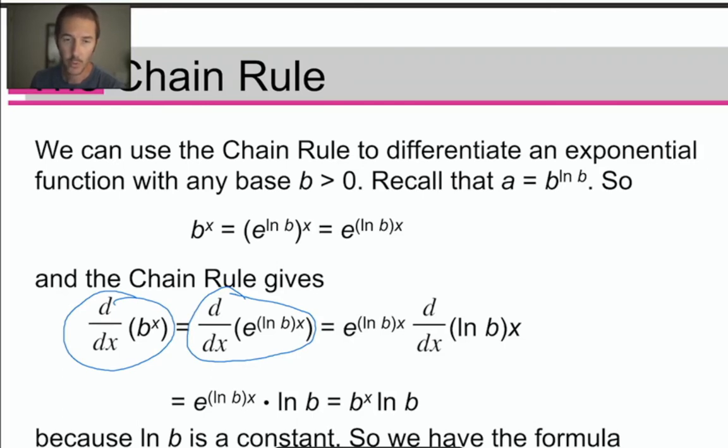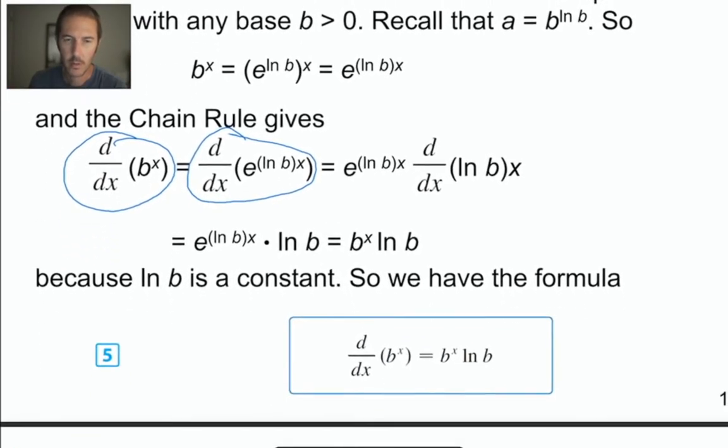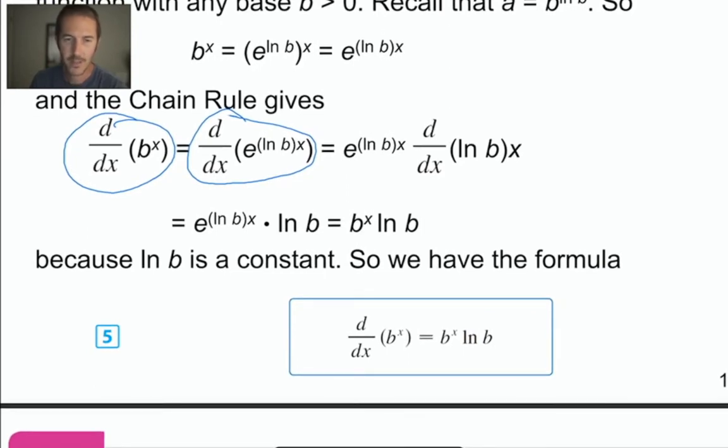Which is true. You wouldn't normally think to write it that way, but it's true. And then from there, we can use the chain rule, because e is being raised to this power that is a combination of functions, and it ends up boiling down to this.